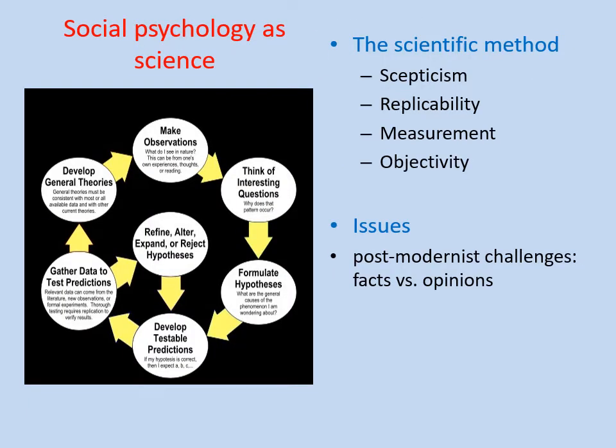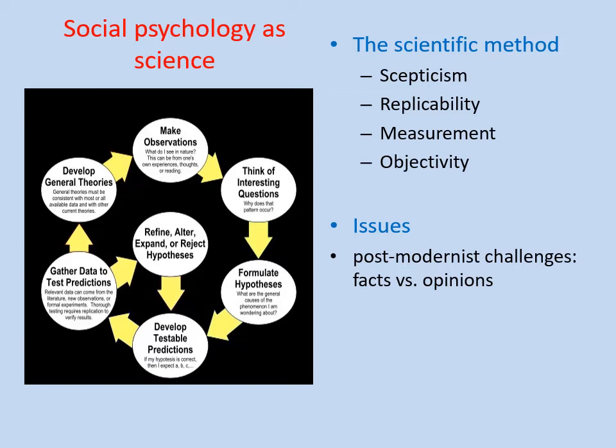Now, I emphasized already that social psychology is a science. What does it exactly mean? The scientific method is a very complex set of requirements, methods, and routines. Essentially, it requires an attitude of skepticism on the part of the scientist, a questioning attitude. It requires due attention to the importance of replicability. If you make a claim about a cause-effect relationship, it's important that it can be reliably replicated.